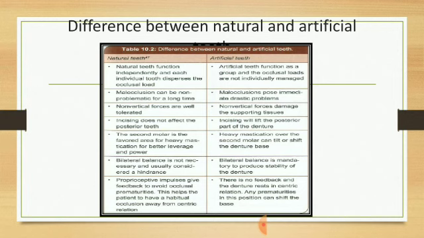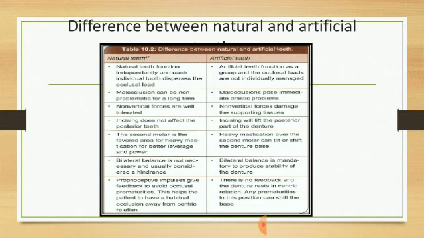Next we come on to the difference between natural and artificial teeth. In this case, for artificial teeth, we have to consider complete dentures. First and foremost, we know that natural teeth have a periodontal ligament, so every tooth has its own PDL.